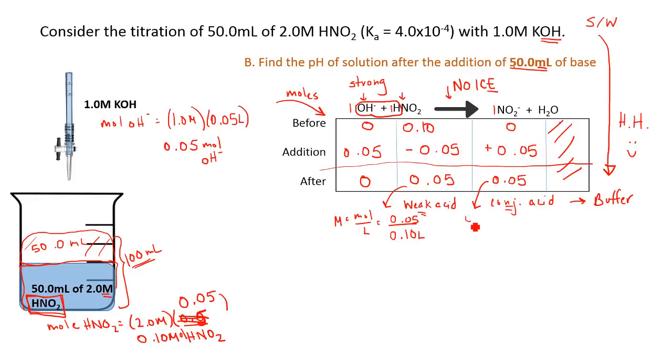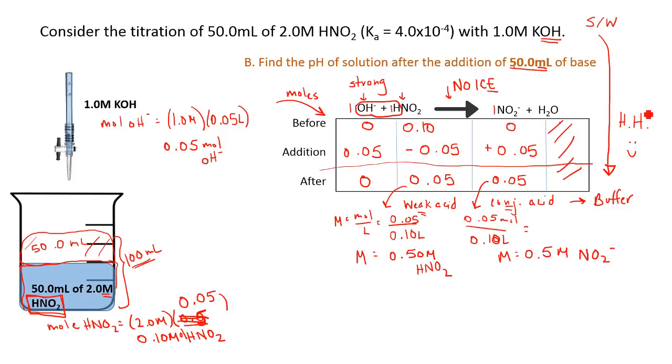So this calculation is going to be mathematically the same. Moles over liters. They're in the same volume floating around. Okay, so this molarity for my weak acid is 0.5 HNO2. And this molarity is also equal to 0.5 NO2 minus.